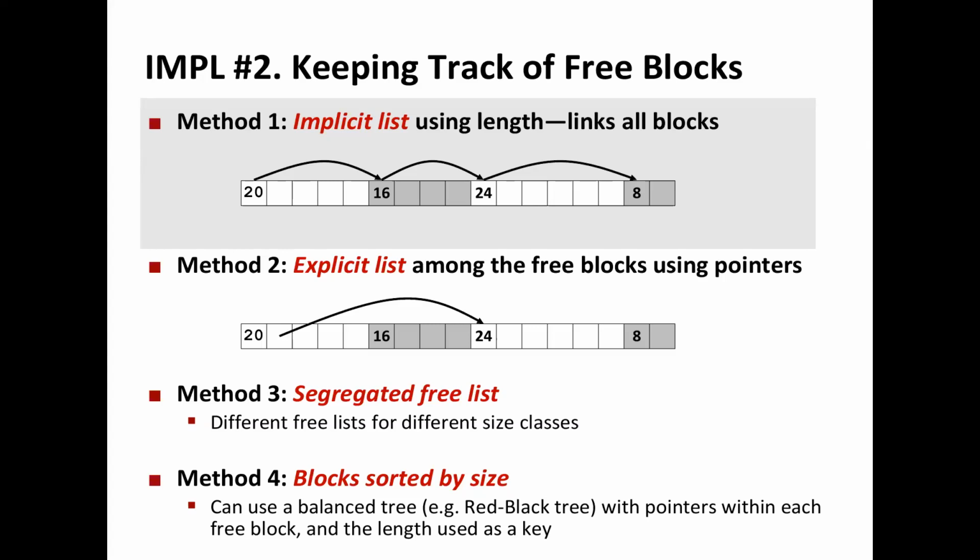So just to also mention for the project, I guess implicit list will give you the lowest score, most likely, right? And that's what the textbook shows. Then explicit list is probably going to improve performance, but not by much, right? I guess you can probably get with segregated list up to like 80 to 90% of your grade, right?